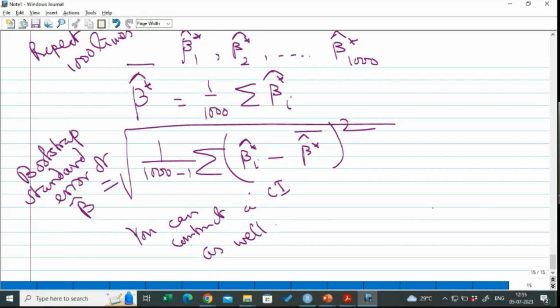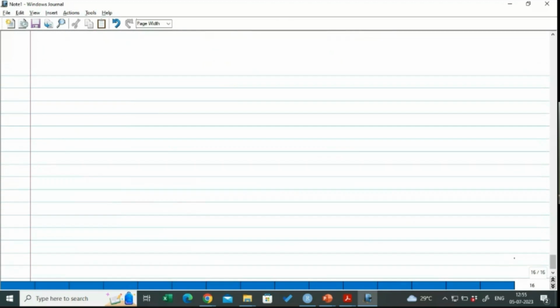A typical choice may be beta hat plus or minus 1.96 times the standard error, approximately. So you basically rely on the normal distribution over here, right? So this can be a typical confidence interval it can give you. It is called the bootstrap-based confidence interval.